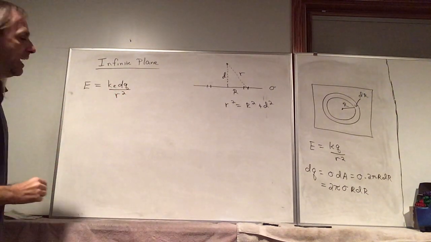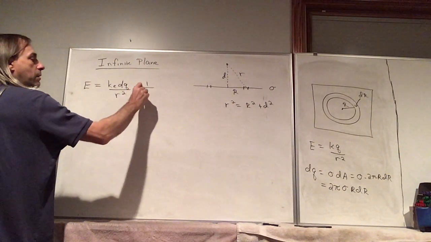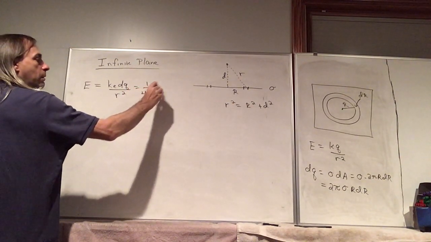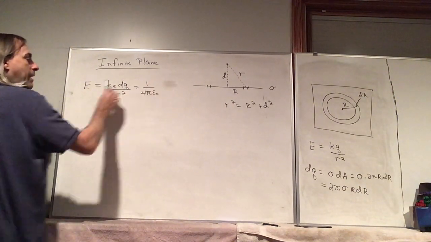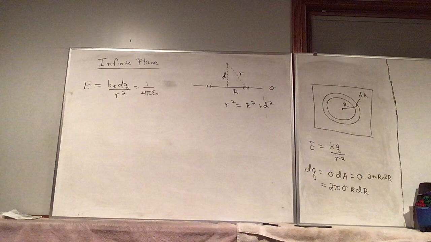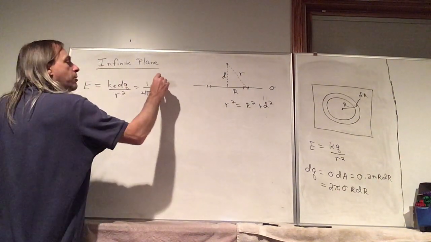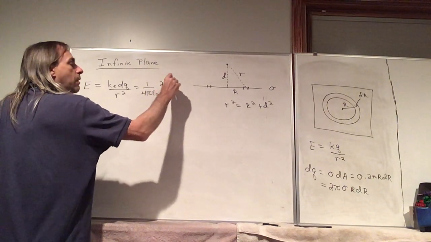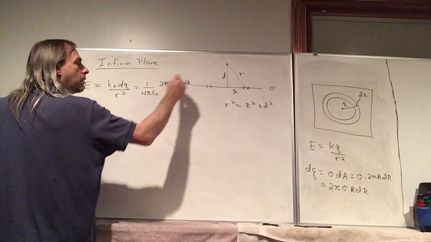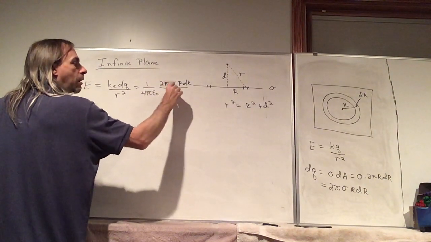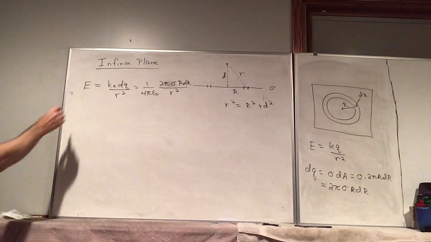Actually, in this case I think it would be more convenient to use 1 over 4 pi epsilon naught instead of Ke, because then dq is 2 pi sigma R dR, and then we divide by r squared, and we can get some cancellation here.